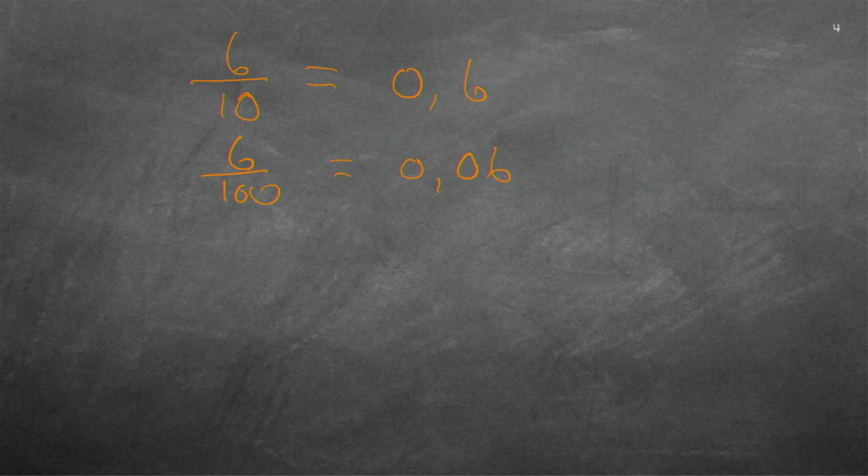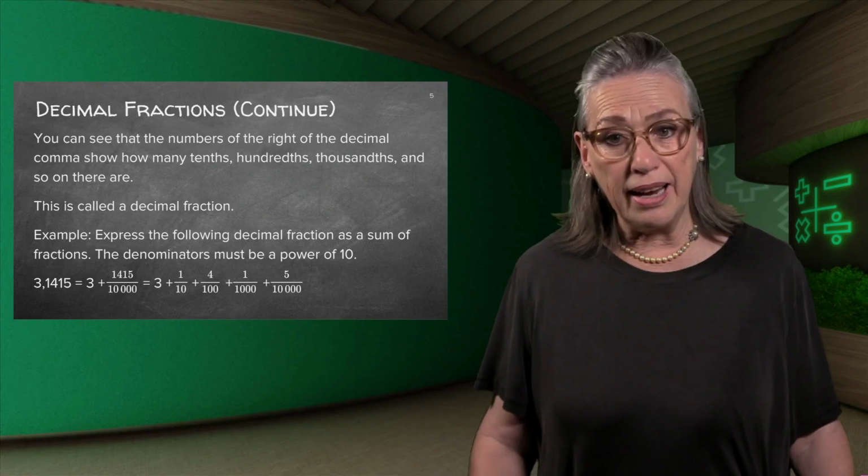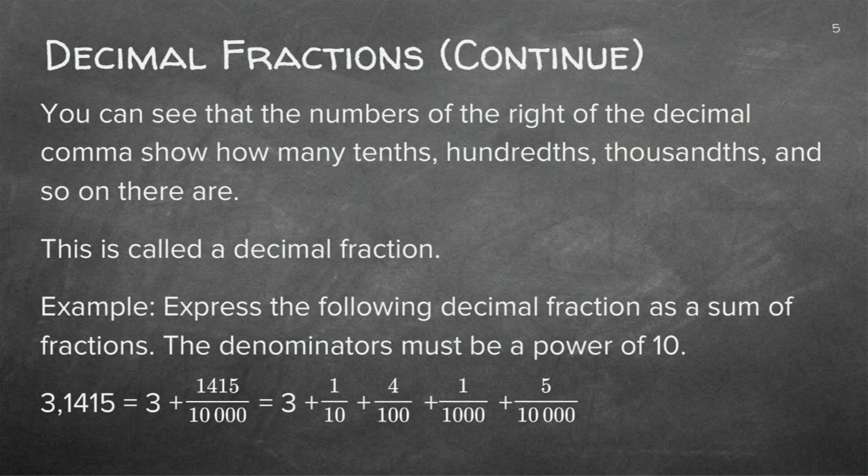Because of the two zeros, we're going to move it 2 places to the left. Same, if it's 6 over 1,000, it's going to be 0,006. Right.